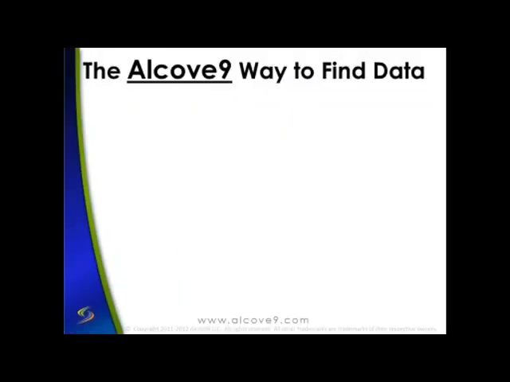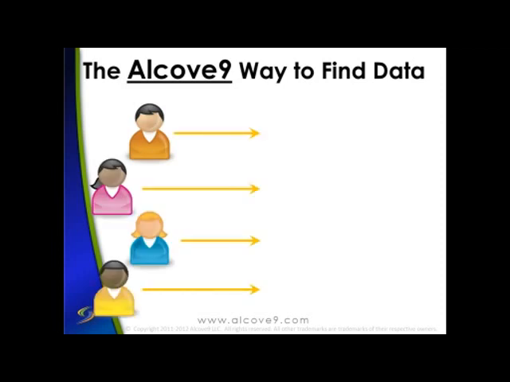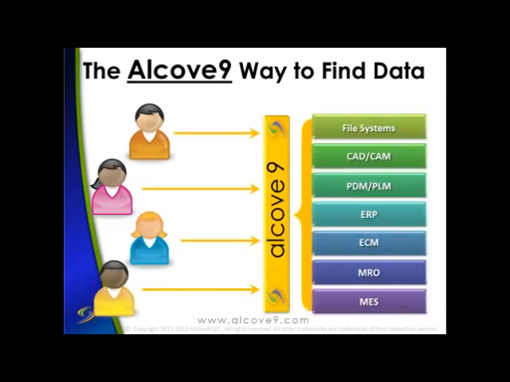The Alcove9 way of finding things is really a paradigm shift, because now you do not have to think about where you put the data. The same people that were looking for information go through a front end. It's a browser-based system that we have developed.